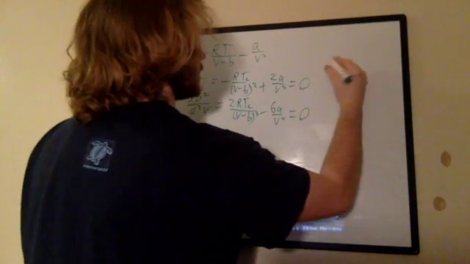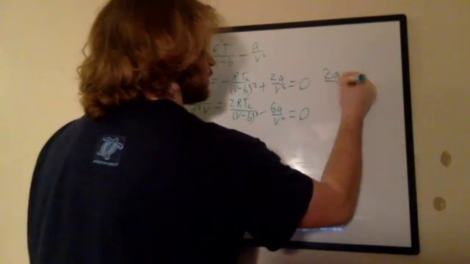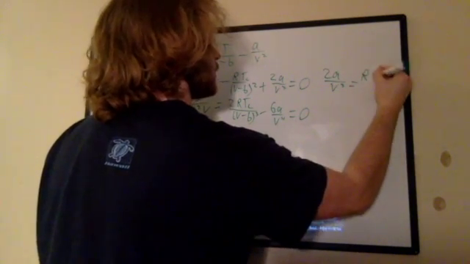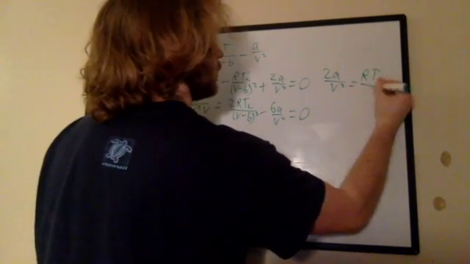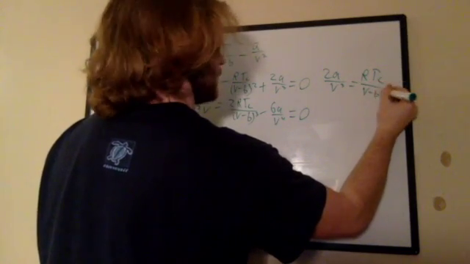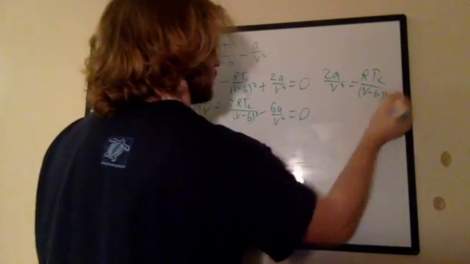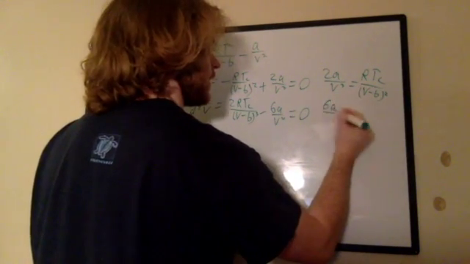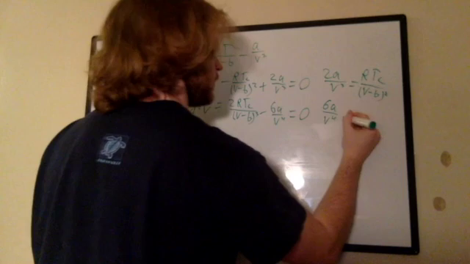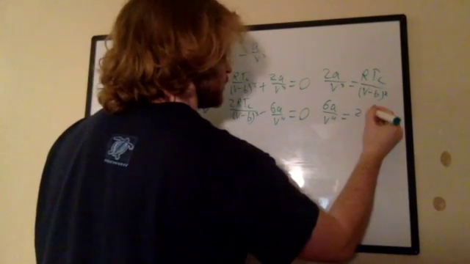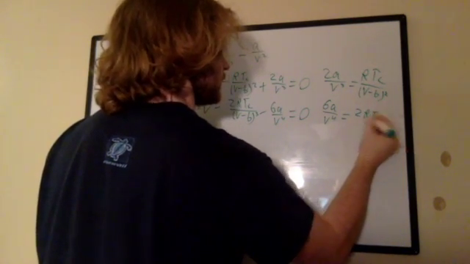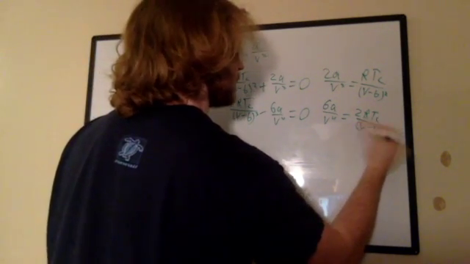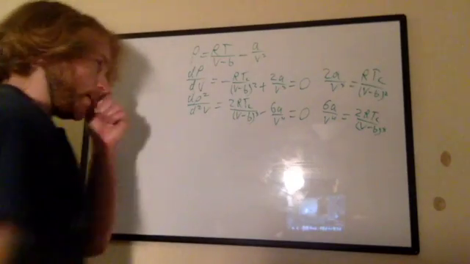So we are going to get 2a over v cubed is equal to RTc over (v minus b) squared for the first derivative. And for this one, we're going to get 6a over v to the fourth, and that's going to be equal to 2 RTc over (v minus b) cubed.